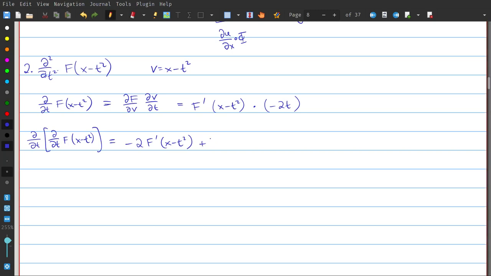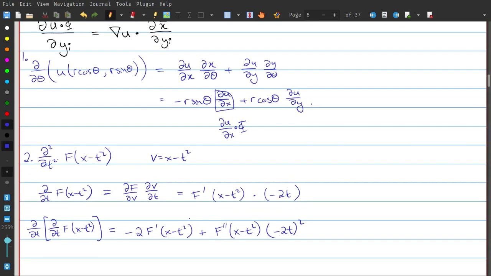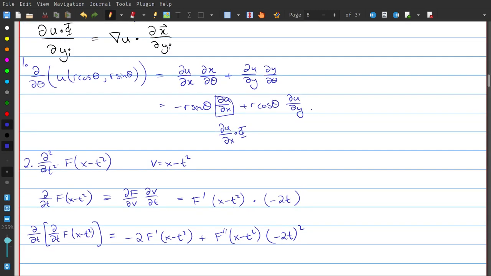Oops, sorry. Plus f double prime of x minus t squared times minus 2t squared. Like so. And of course, you can expand this and simplify if you like. So that is how you do partial derivatives, and in particular, the chain rule. You might want to remember this formula here, or you might want to remember this shape of this general pattern.